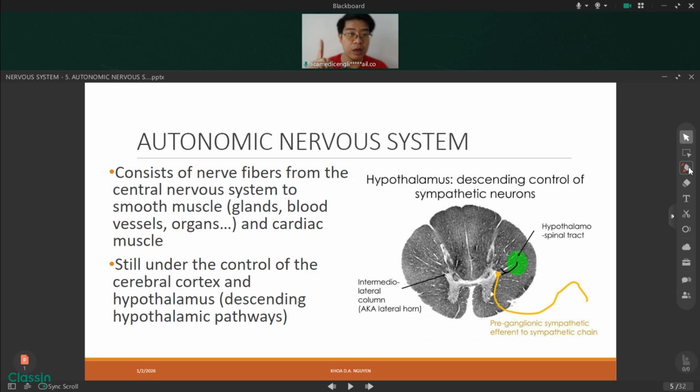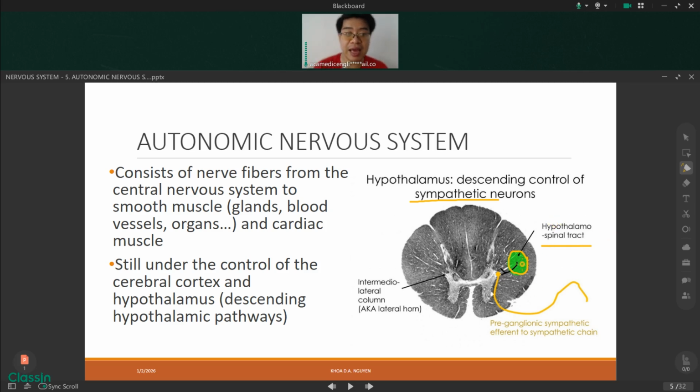Specifically for the sympathetic nervous system, you will have a tract on the lateral side of the spinal cord, especially the cervical spinal cord, and every single section of the spinal cord that contains sympathetic nervous system, like for example the thoracolumbar regions, the thoracic region and the lumbar region of the spinal cord. You will have this tract right there. That tract is called the hypothalamo-spinal tract.